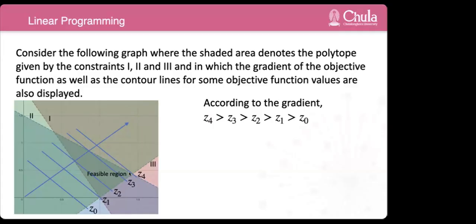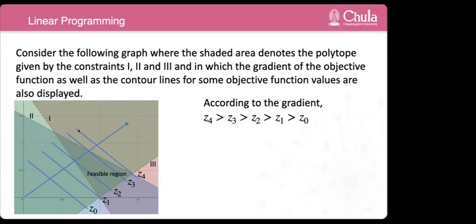Okay, here is the solution, this point. So this point is our solution, and only this point, because all these points in the same isoprofit have the same value of objective function.